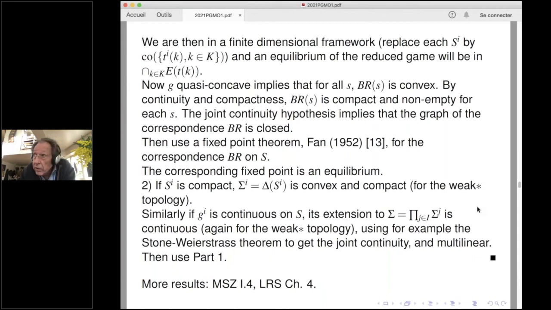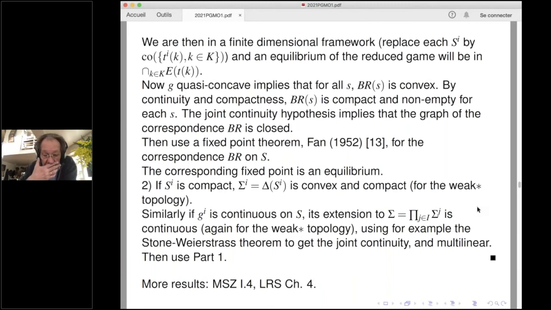Again, for the weak topology, you can use, for example, Stone-Weierstrass to approximate your function by products of functions of one variable. And this is how to get the joint continuity. And then you use part 1 because you are in the case where the sets are convex compact and the function is continuous and quasi-concave since it's multilinear.